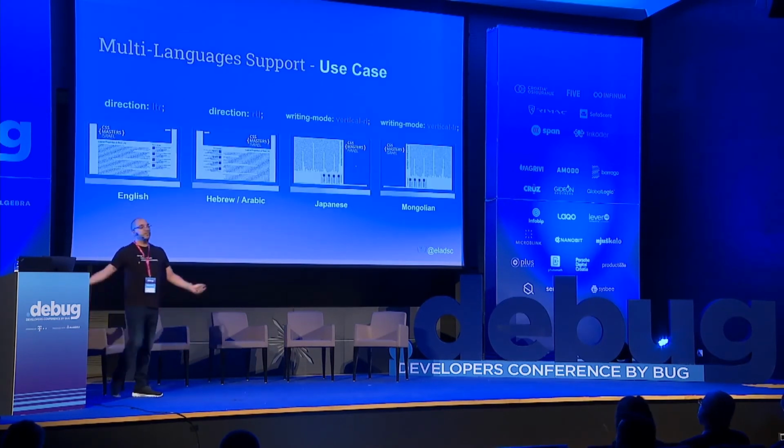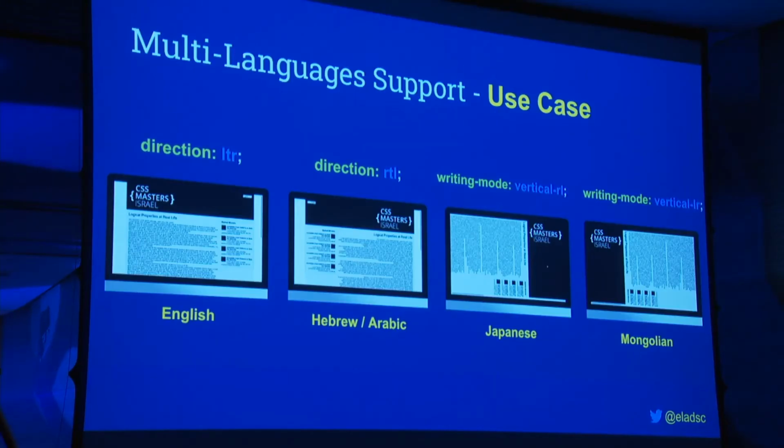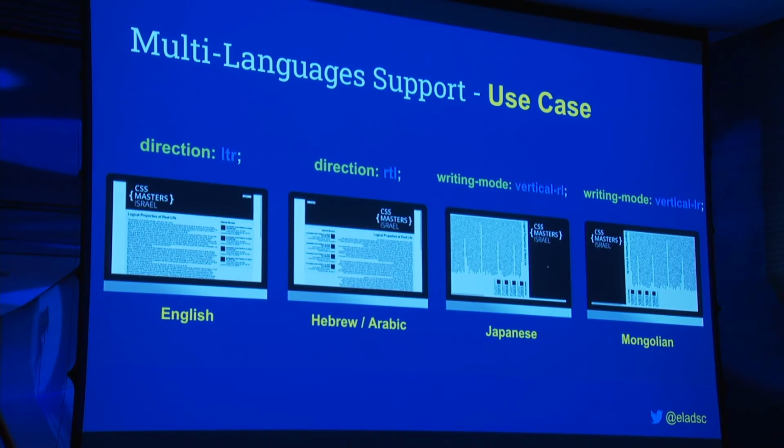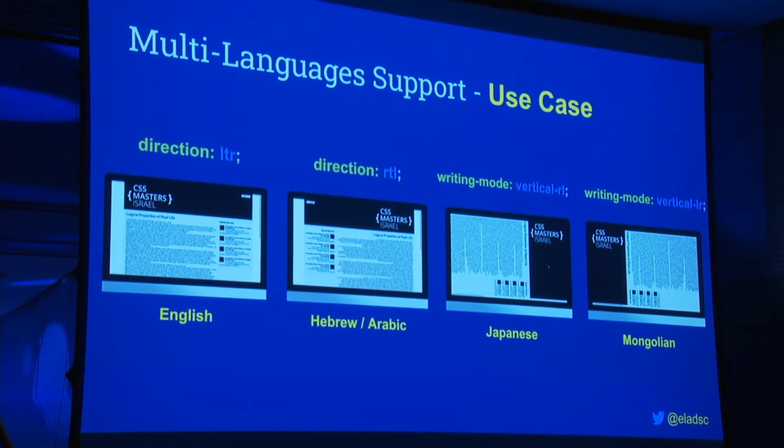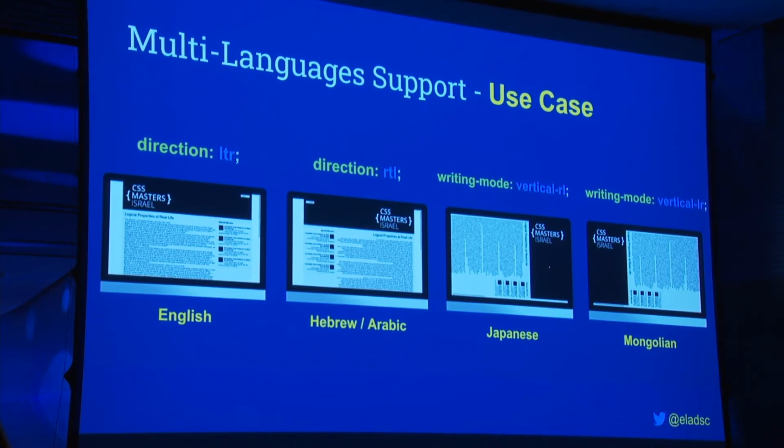For English, you don't need to do anything because this is the default. On the HTML element, you have by default direction LTR. For Hebrew and Arabic, the only thing that you need to put on the HTML element is the direction property with the value of RTL. To support a traditional Japanese website, you can use the writing mode with the value of vertical-rl on the HTML element instead of the direction. And for traditional Mongolian, you can use the writing mode property with the value of vertical-lr.